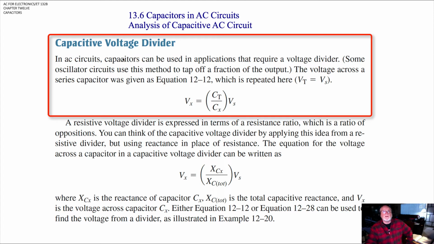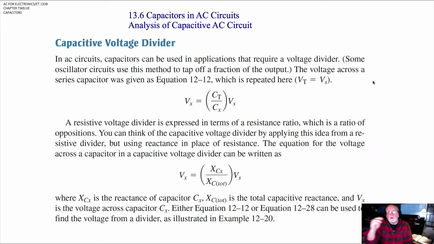So in AC circuits, capacitors can be used in applications that require a voltage divider. An example here, oscillator circuits will use this method to tap off a fraction of an output. And you'll remember from your ET131 how you did that in your lab and measured pickoff points for a voltage divider.